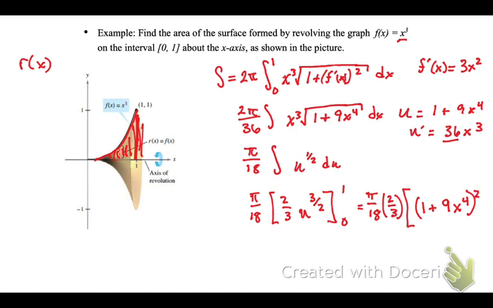Doesn't matter. I think it'd probably be easier the 2/3, don't you? Yes. Okay, so out here we got 9 pi over 27. Right?